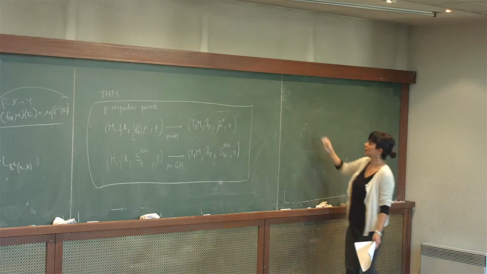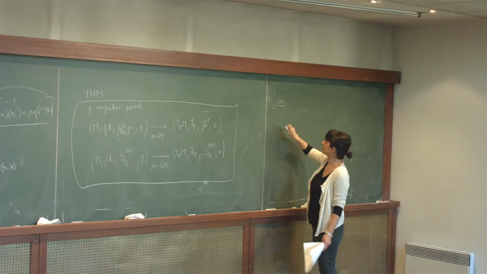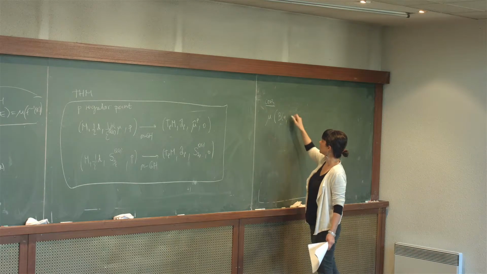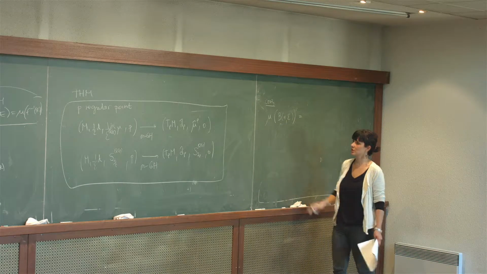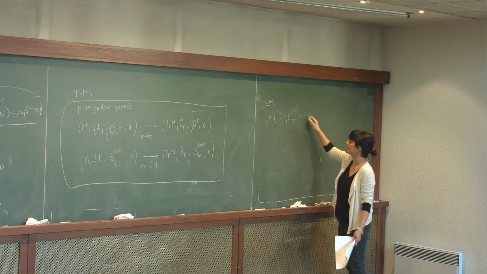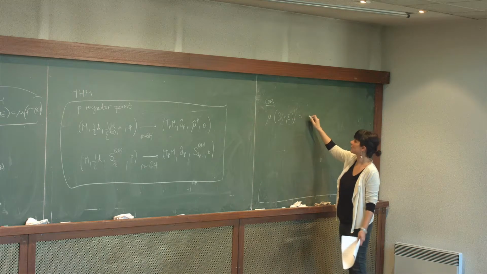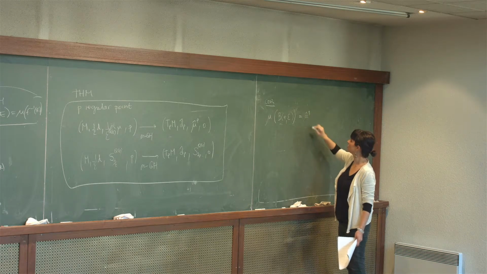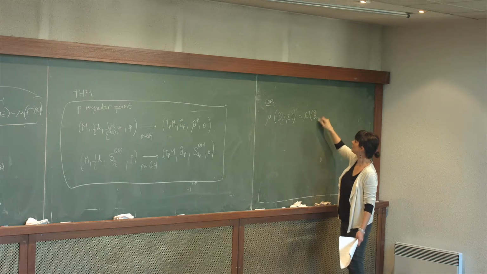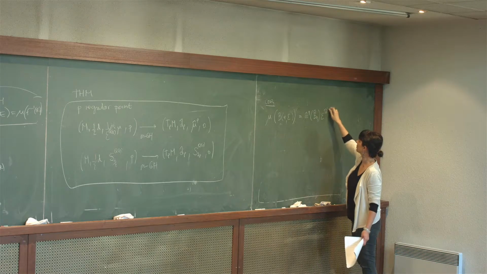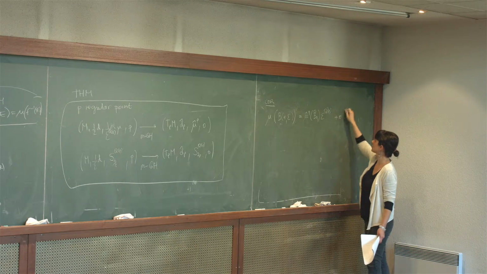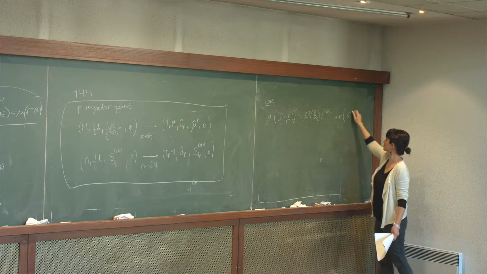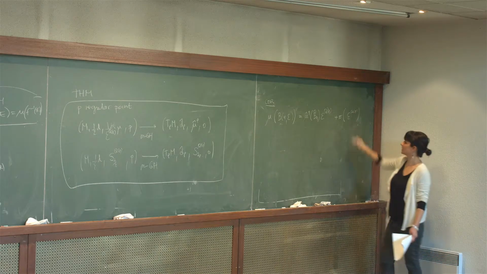Namely, as a consequence, if I take the measure of a small ball of radius epsilon, using the weak convergence I can say that this is the measure of the unit ball times epsilon to the power q of p, plus something which goes to 0 like this.